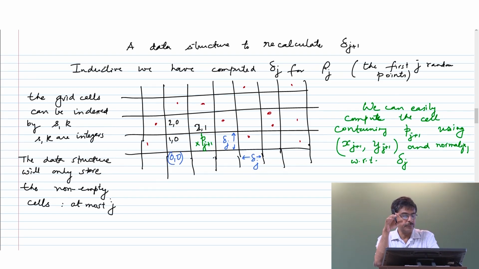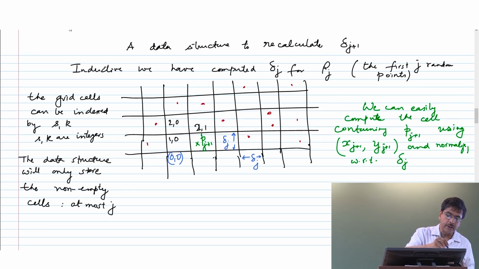So, the information that we have is that the cells that contain red points are stored in the data structure. So, when can it change that or potentially change that distance? First of all, if there was a red point inside the same cell, there could have been a red point here.